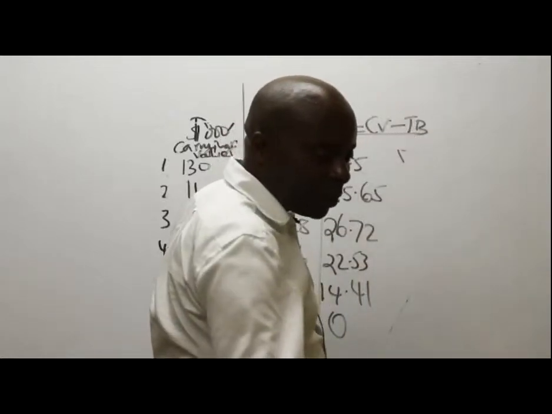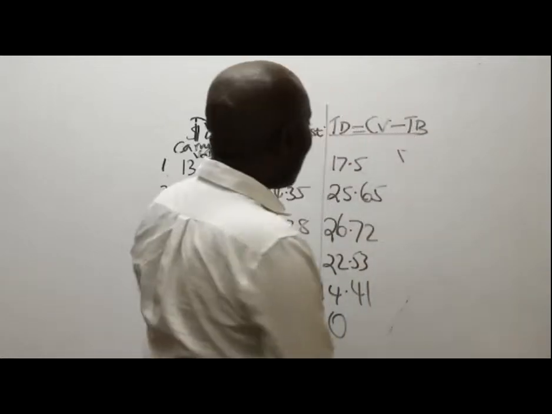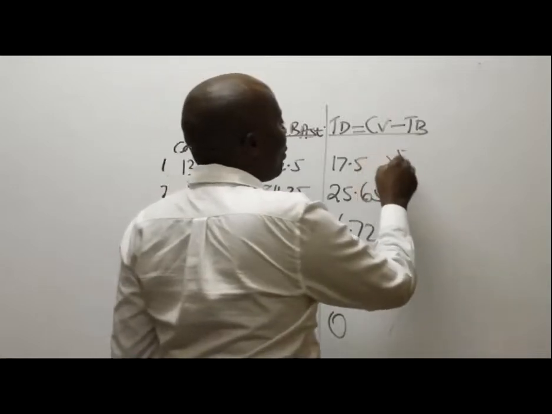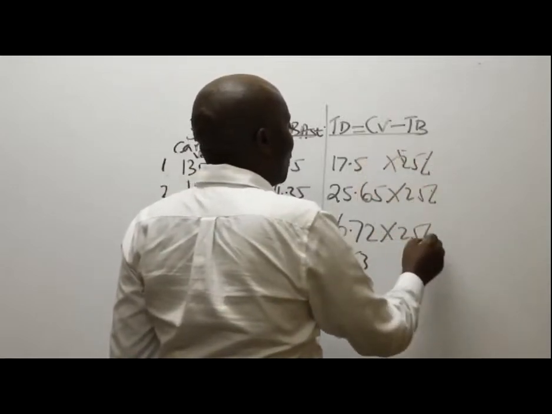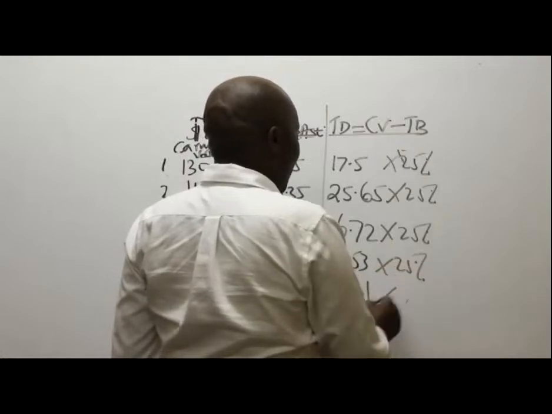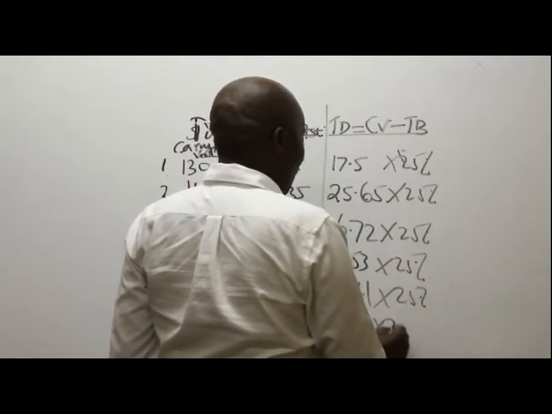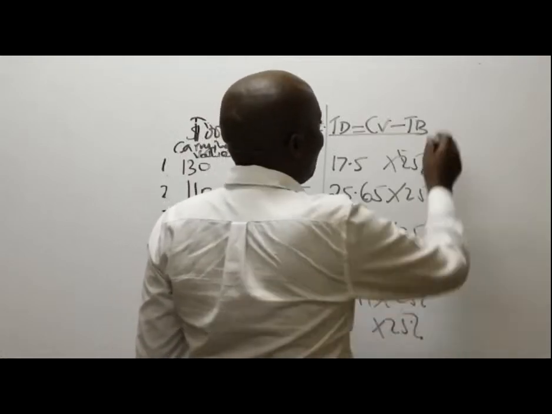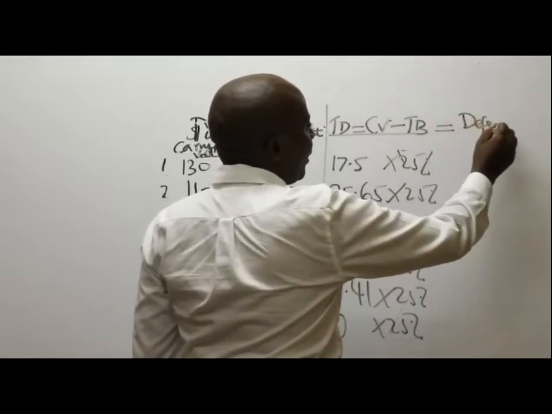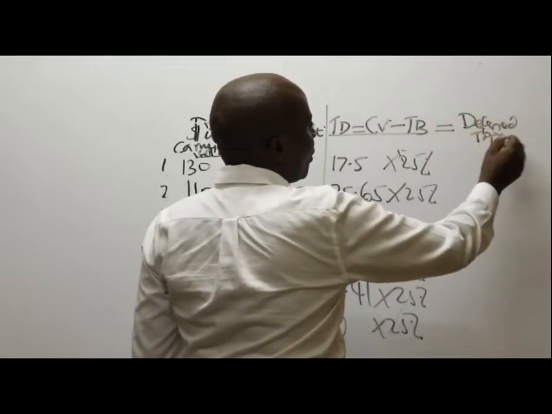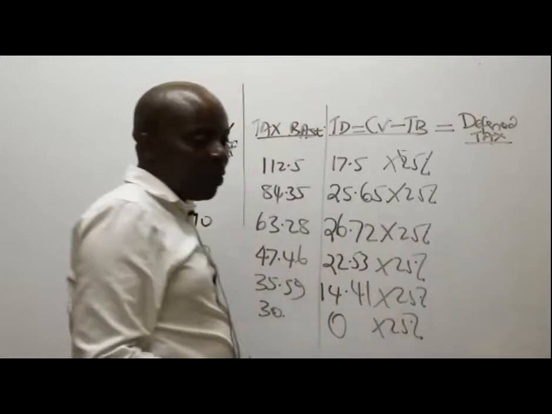Wanasema tax rate ni 25%. Tax rate is 25%. So if you multiply this with 25%, you'll be able to get what we call deferred tax. You'll be able to get what we call deferred what here?